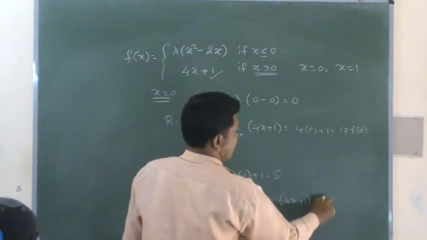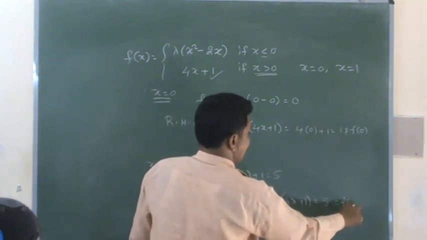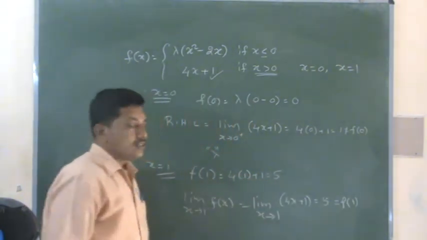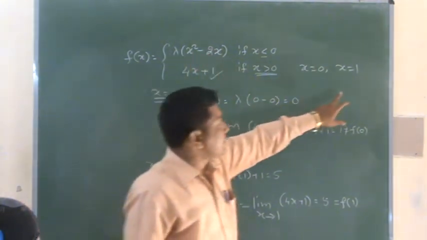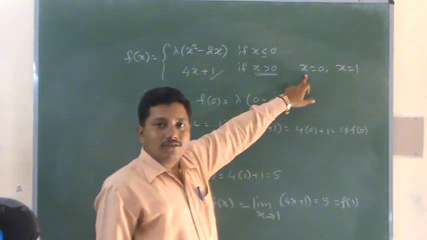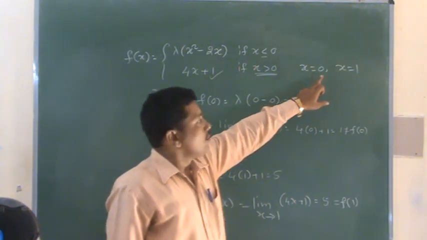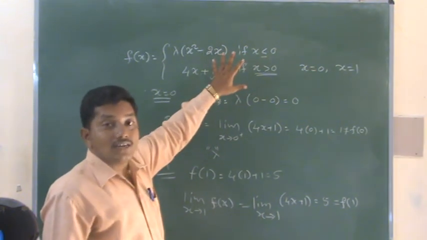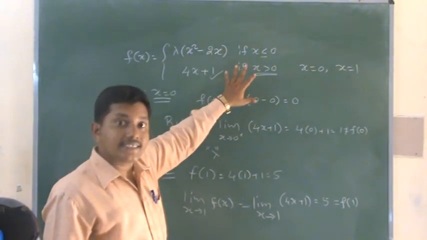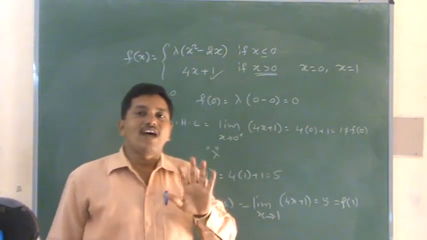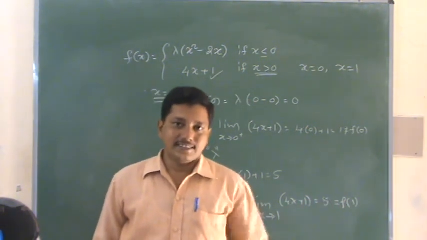Simplifying, you get 5. So it is not continuous at x is equal to 0, and continuous at x is equal to 1. And for what value of lambda it is continuous, they asked in 2017. Clearly there is no such value of lambda.